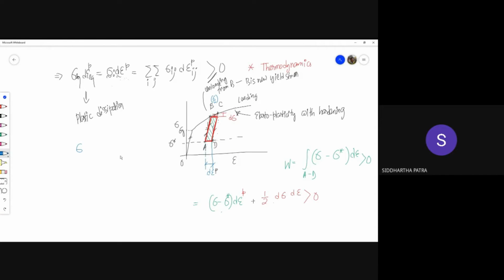So there are two conditions. One is if sigma minus sigma star is much greater than d sigma. In that case, you can neglect the second term, and then you can say that sigma minus sigma star times d epsilon p is greater than 0. And this is true for all sigma star.